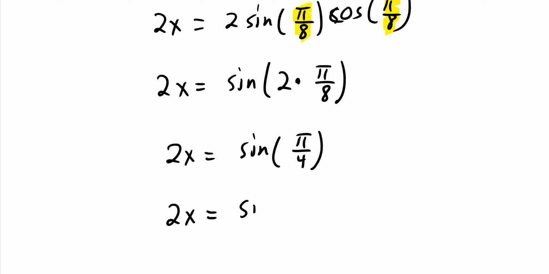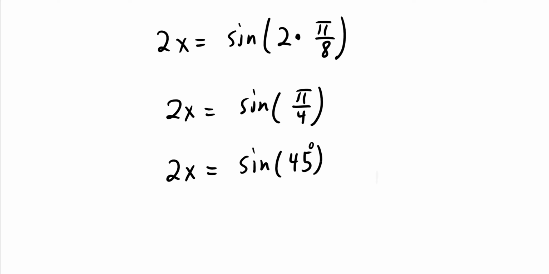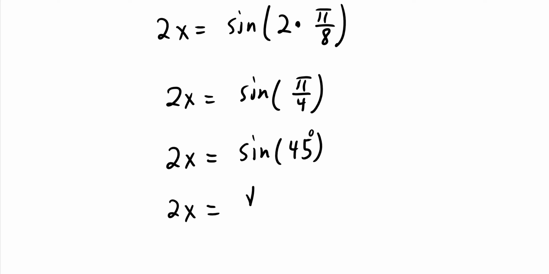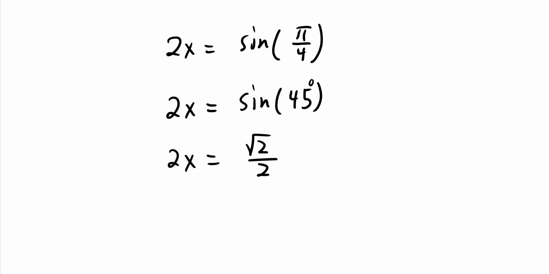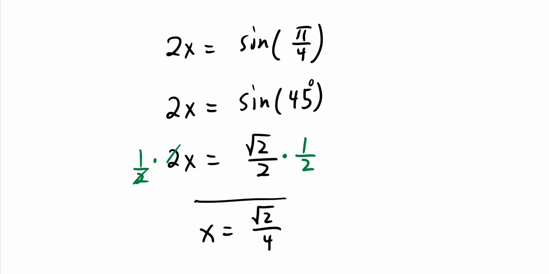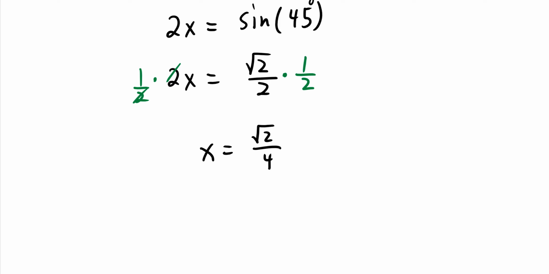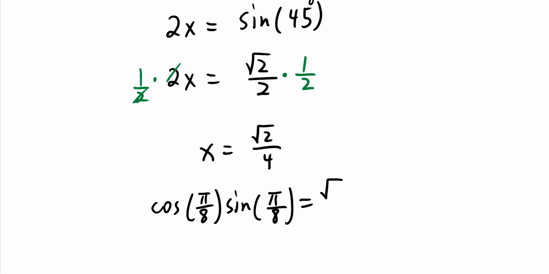Pi over 4 is 45 degrees, and that is the square root of 2 over 2. If you multiply both sides by 1/2, then x equals the square root of 2 over 4. And that's exactly what we need: sine pi over 8 times cosine pi over 8 is the square root of 2 over 4.